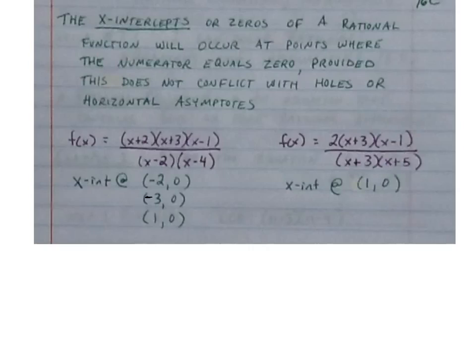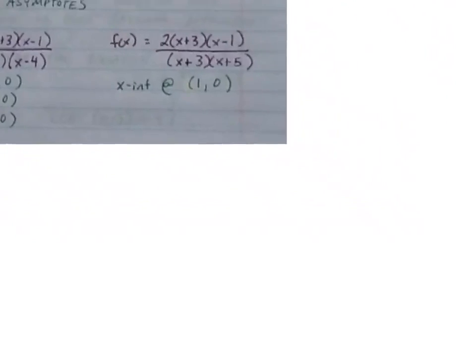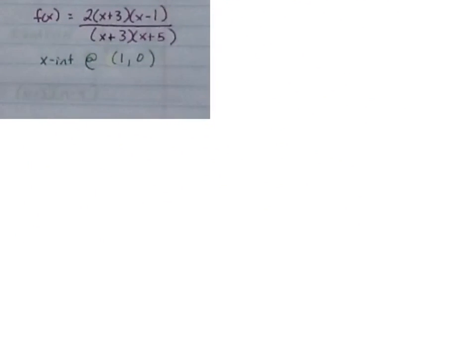So let's see how this plays out on our example here for the full problem. If we were to focus in on just this one and I asked you to graph it, what you could do is you could first say, well, we have a hole at x equals negative 3.